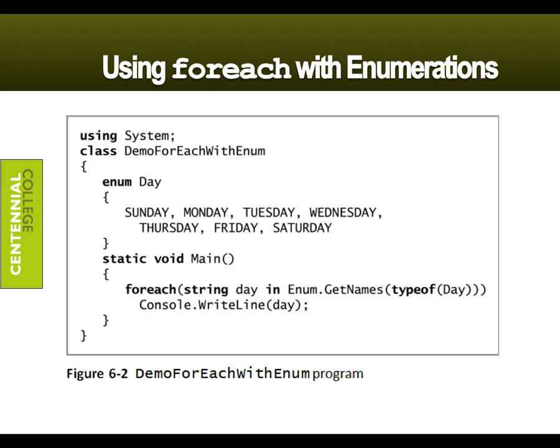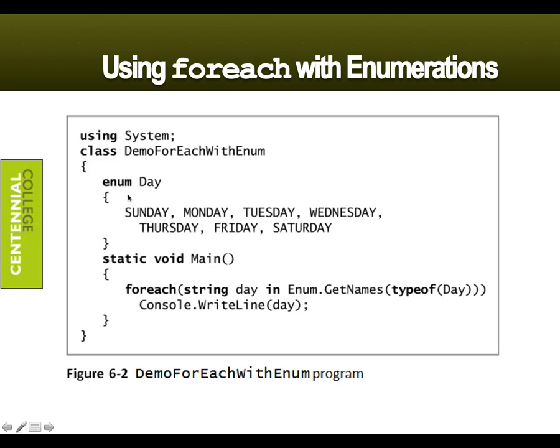And here are some foreach loops with enumerations. Now enums, I'll be honest with you, are kind of a weird thing. We've talked about this before, right? Here's Sunday, Monday, Tuesday, Wednesday, Thursday, Friday, Saturday, where if you remember, enums start at the value of 0. So Sunday is really 0, Monday's 1, and so on. Then I say foreach string day in Enum.GetNames typeof Day, right?